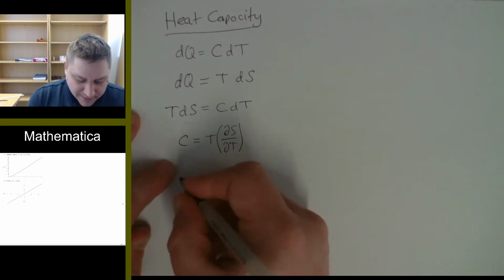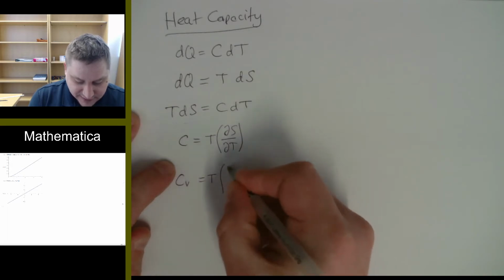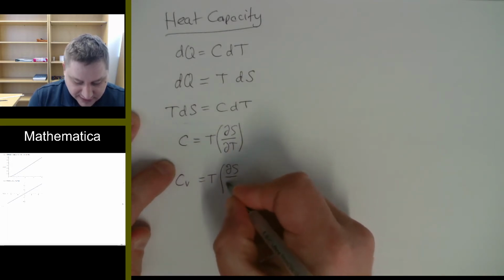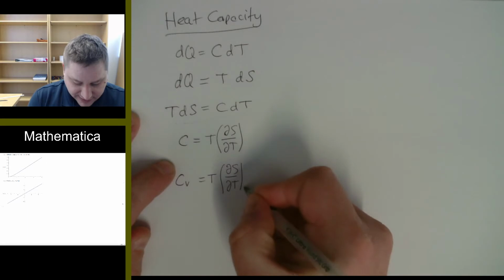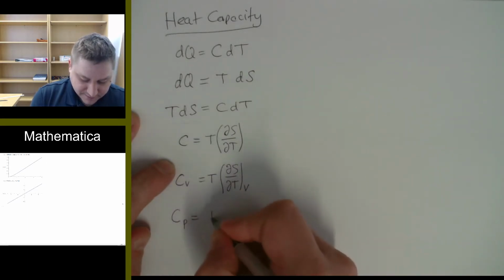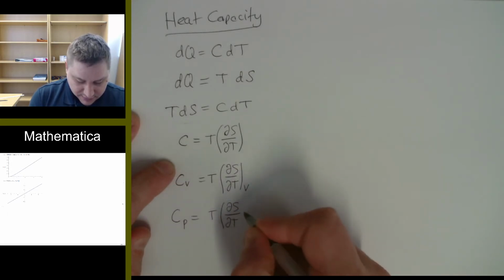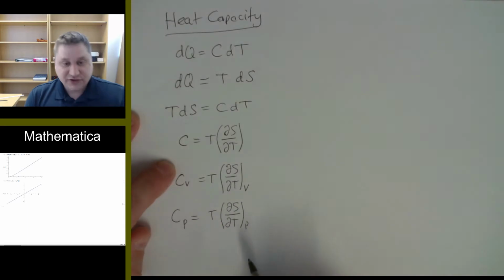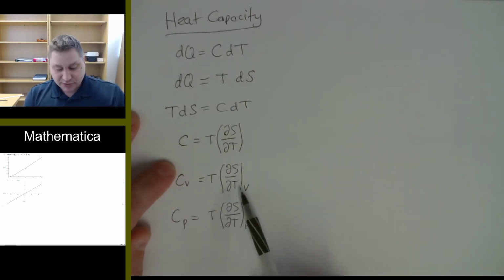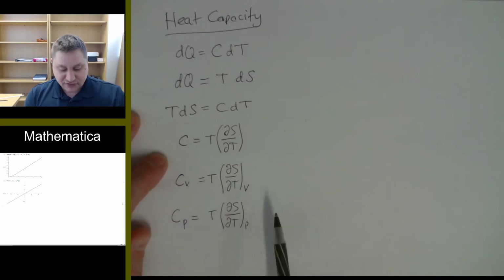Okay, so of course there are, as we know, two different versions of the heat capacity, depending on whether the system is held at constant volume or held at constant pressure. And all that's going to change here is which variables we need to put the entropy in terms of. We don't have to talk about work or the first law at all to use these two relationships.